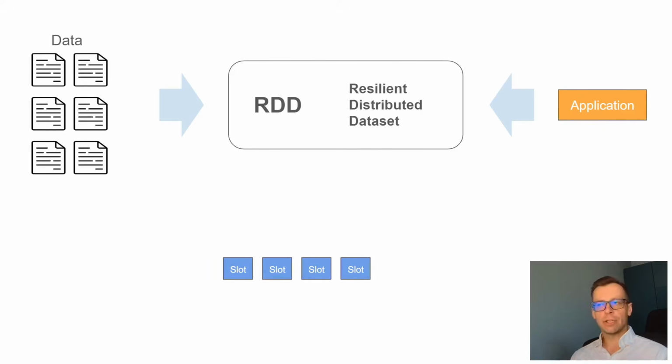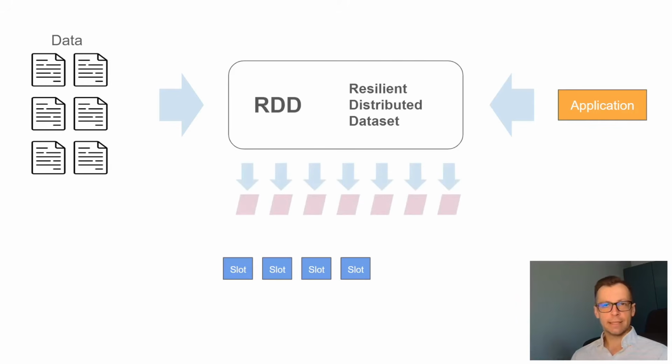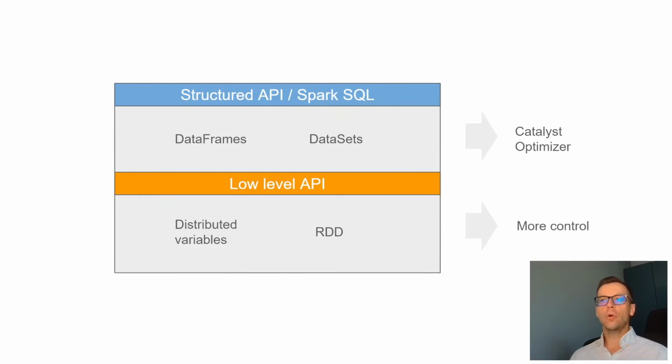And then our application would interact with the data, as we are going to see in a second, through the RDD API, which first of all wasn't the most intuitive, second, wasn't the best optimized. And then the driver under the hood would take that RDD, split it into partitions, and then assign tasks and partitions to the executors. Since 2015, we have two new APIs available. It's called Structured API or Spark SQL.